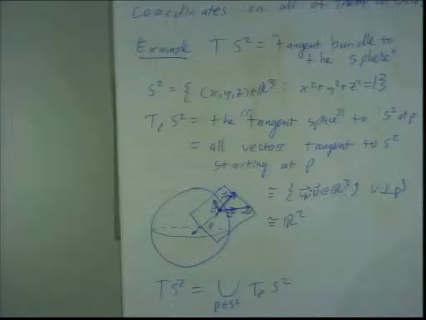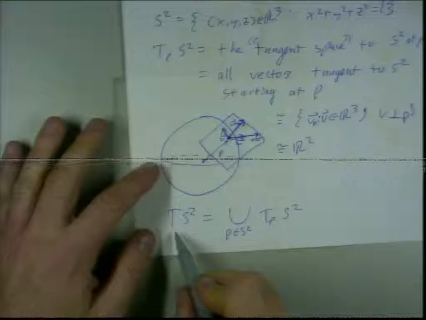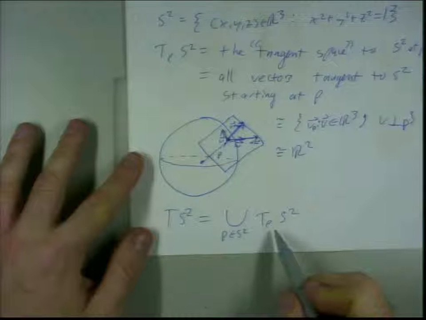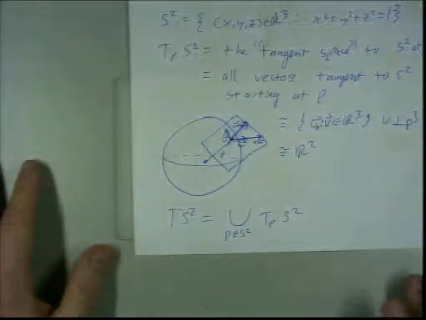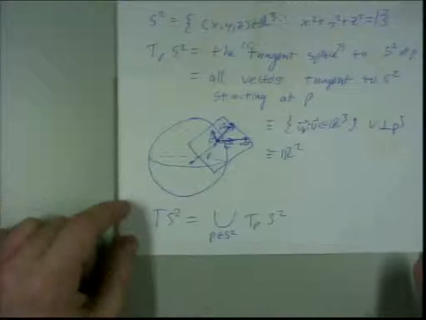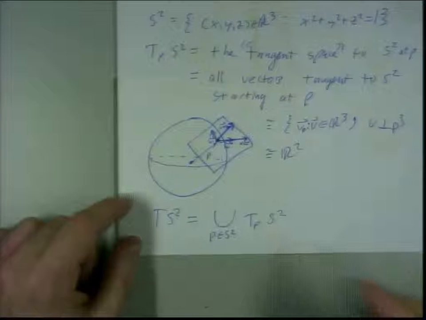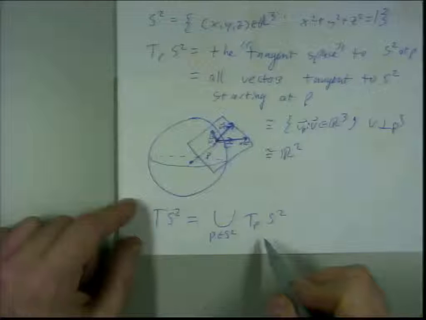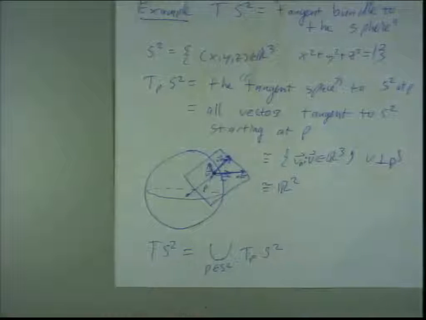You can just think of it as R2. The thing is, what if you want to do this for every point on the sphere at the same time? So this object called TS2 is the union of all the tangent spaces to all the points here. Okay? So what if we want to simultaneously identify all these things to R2? Okay, what would that mean?